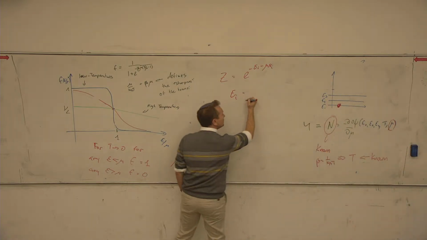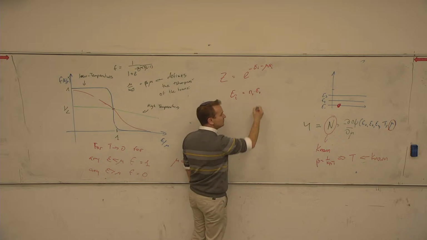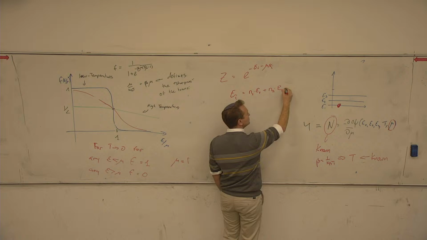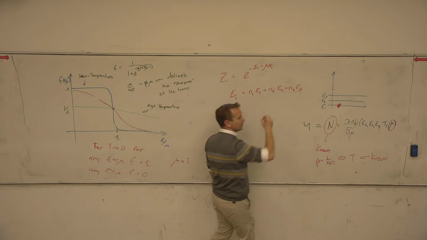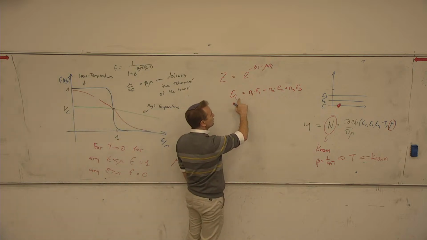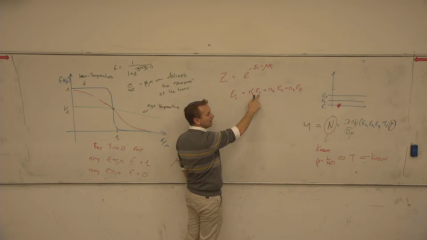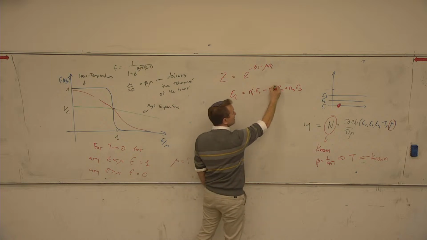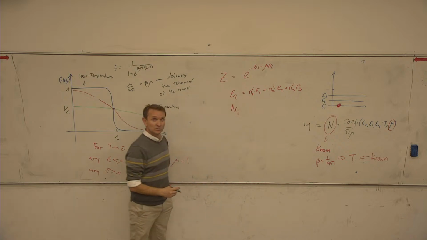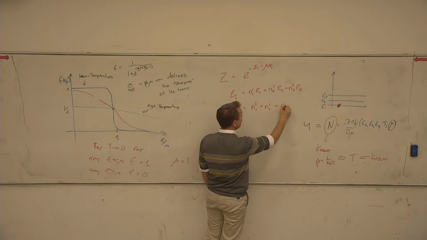E_i is the number of particles, let's call it N1, multiplied by epsilon 1, plus N2 multiplied by epsilon 2, plus N3 multiplied by epsilon 3. Do you agree with me on that? This is a general energy. Let's call it N1i, the number of particles in state 1 for the general state E_i. And what is N_i? It is N1i plus N2i plus N3i.